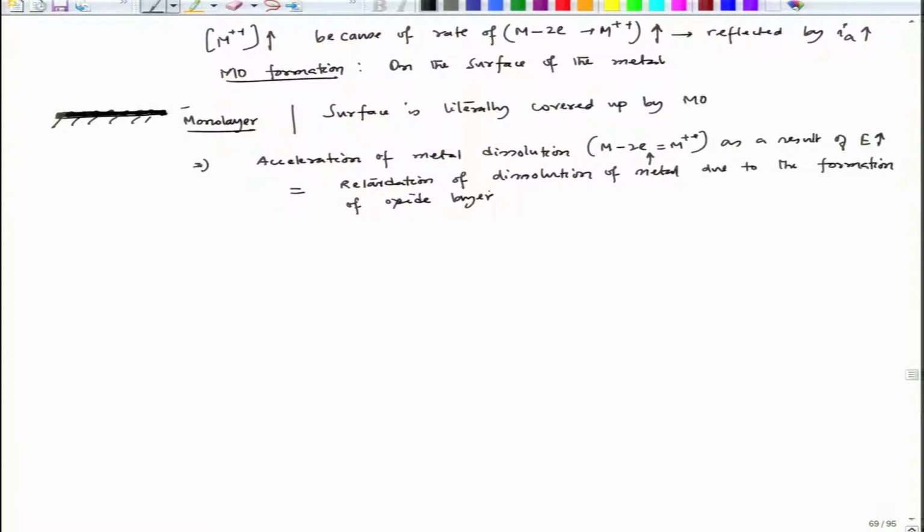Now, once we have this particular situation, which appears at I critical, and I critical is nothing but the maximum current density in the active zone.